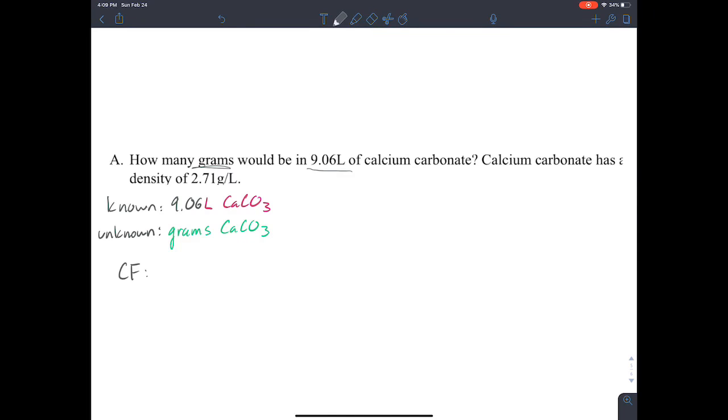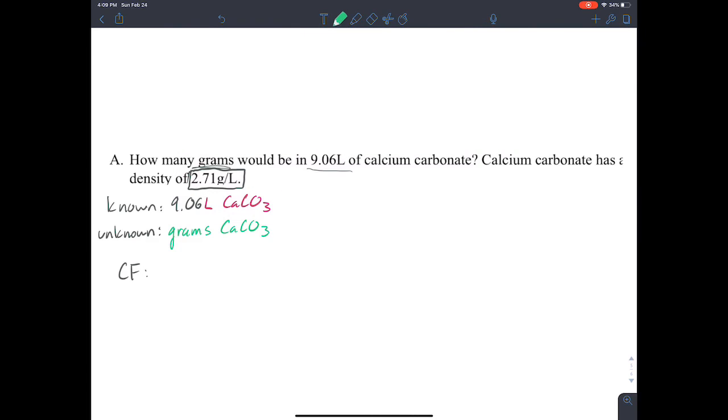Okay, some of you might have been confused, but whenever we're going from grams to liters, there is no constant for that. That's a density. Grams to liters, going between grams per liter is a density. So you have to be given a density. The only density you might have to know is water. But for anything like this, you're going to be given the density, which we are right here.